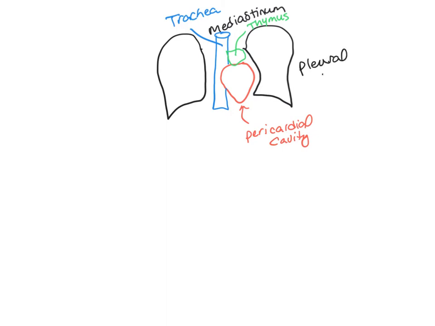Surrounding each of these cavities, the pericardial cavity and the two pleural cavities, is a serous membrane. A serous membrane is a double-layered membrane that contains a fluid in between the two layers called serous fluid.